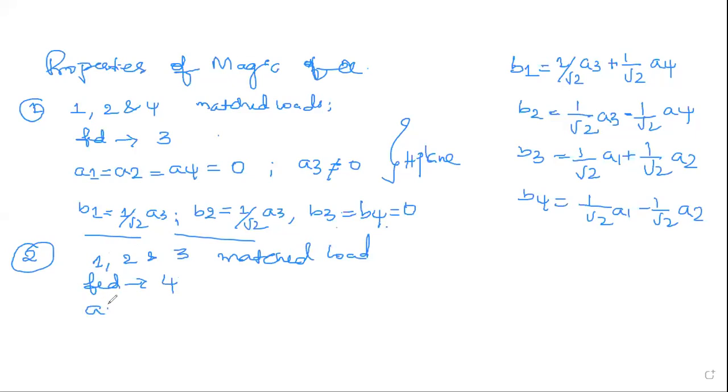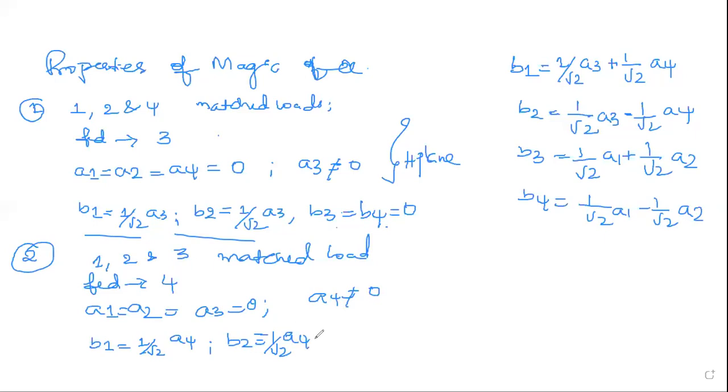So A1, A2, and A3 will be equal to 0, and A4 will not be equal to 0. Now substitute these values into the equations. B1 is equal to 1 by root 2 A4. Similarly, B2 is equal to minus 1 by root 2 A4, whereas B3 and B4 will be equal to 0.